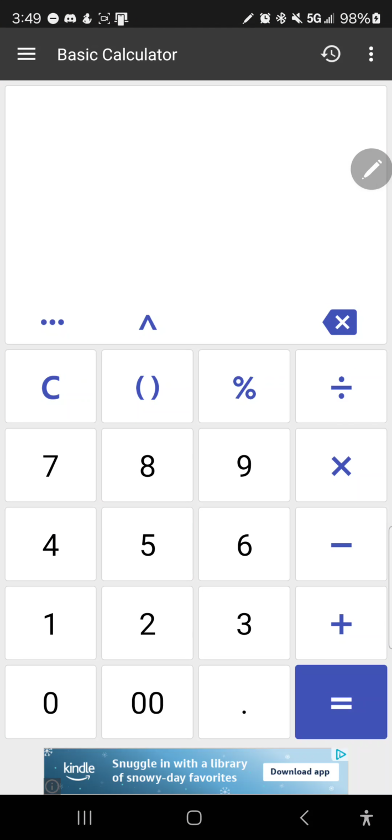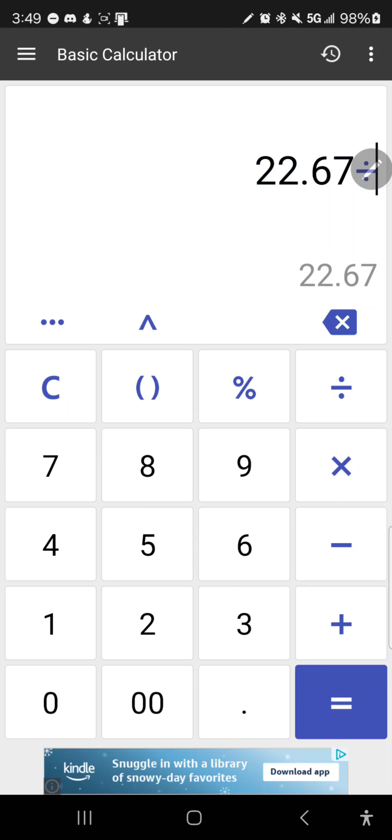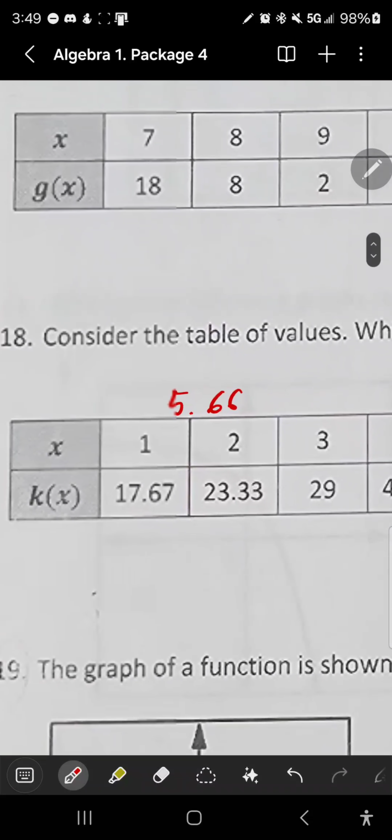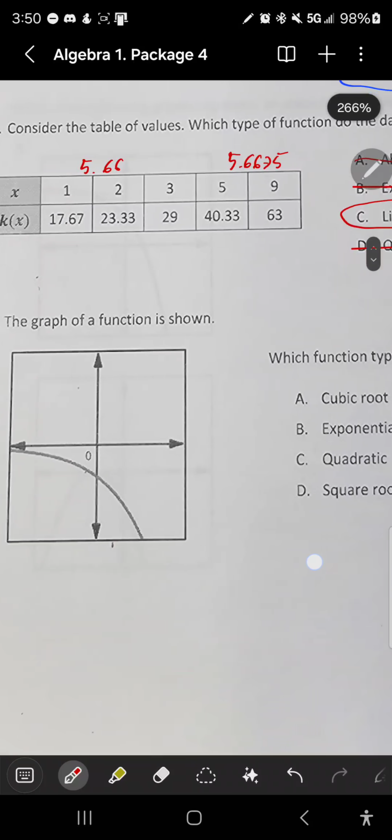It will be 63 minus 40.33, and 9 minus 5 is 4, so divided by 4 we get 5.66 as well. It's 5.6675, but this doesn't matter, just because of rounding. This probably was 17.666666, and they rounded. So we have the same slope and it's linear.